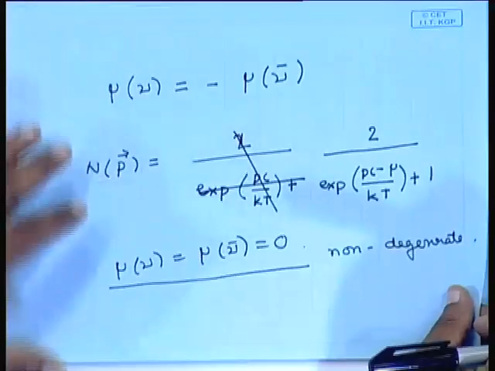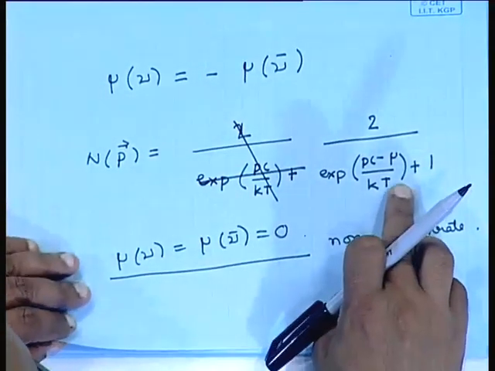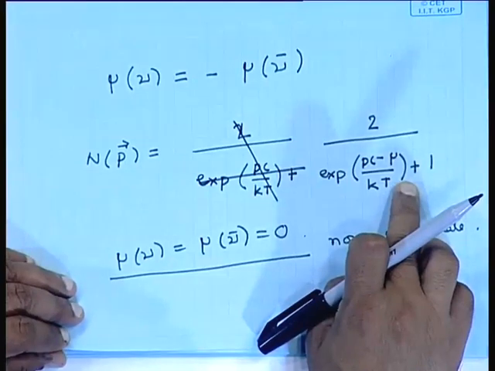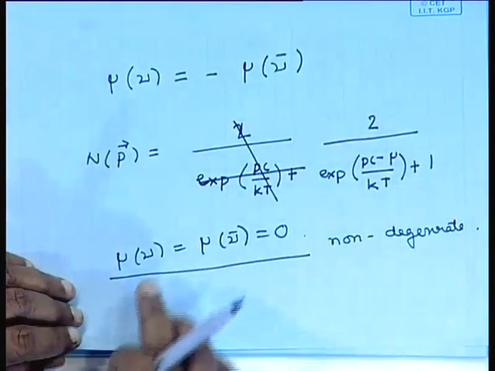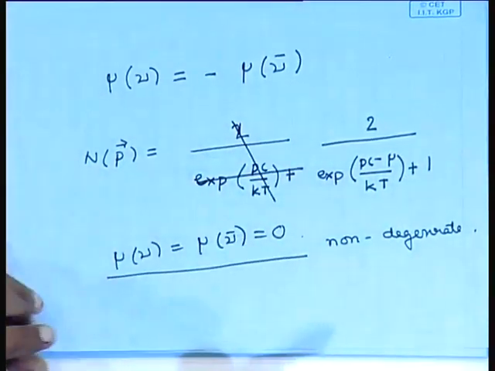The only difference is that the distribution function has a plus sign in one case and a minus sign in the other. This is something I shall take up briefly in the next class, and then we shall proceed forward.